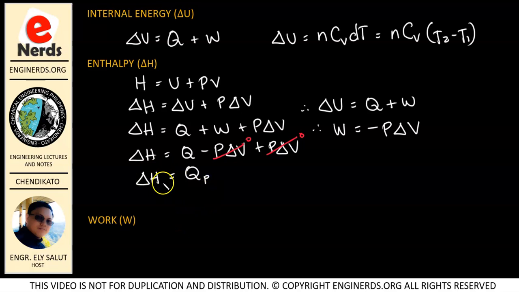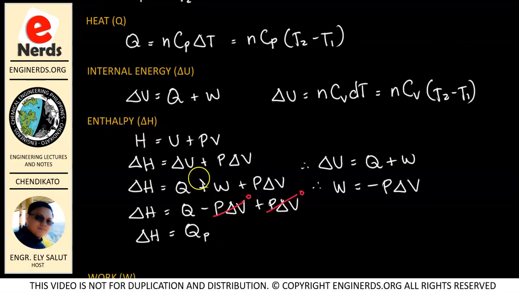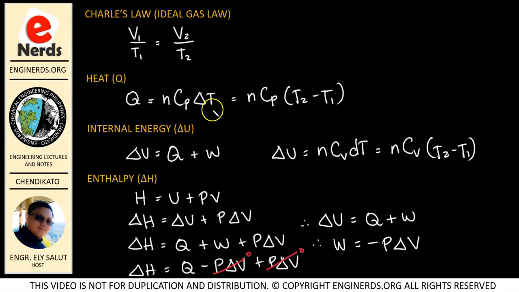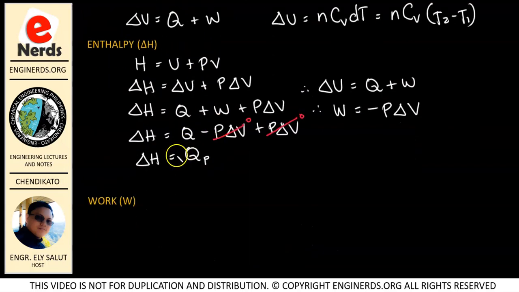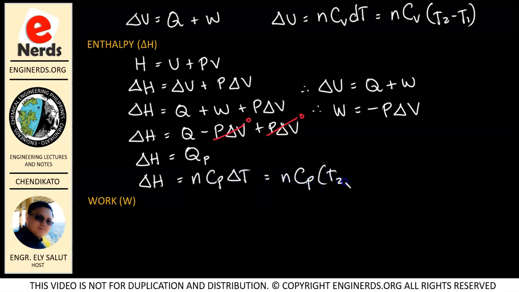So delta H is just equal to Q at constant pressure, but our Q is equal to nCp delta T. Therefore, our delta H could also be written as nCp delta T, or nCp (T2 minus T1). Okay?